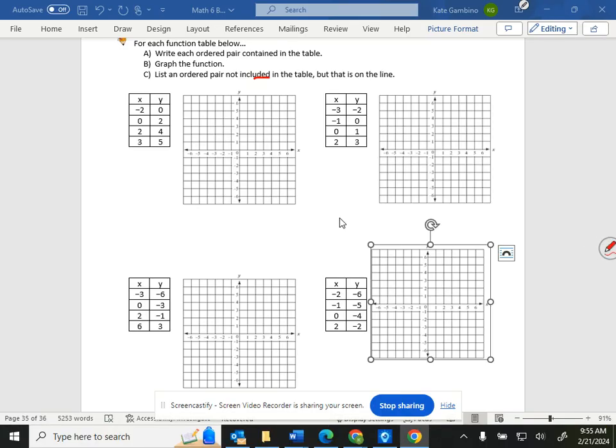Okay, so let's look at our first function. What would our ordered pair be if we look at that first table? What's our first ordered pair I'm going to write? Melanie. So, say that again. So that's the rule, but we don't need to write the rule.